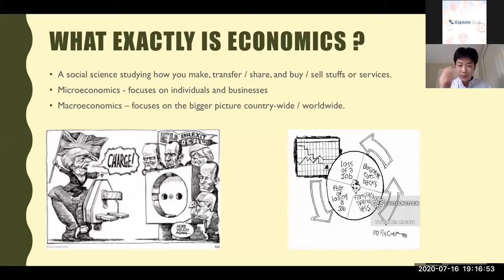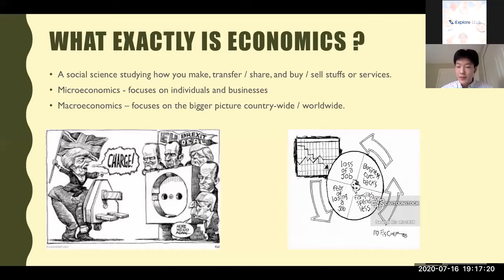I believe that is a very famous event in European history, because basically the UK wants to exit from the European Union due to many reasons. And one of them, I believe, is the economic reason. It was called Brexit. So it's related to macroeconomics.